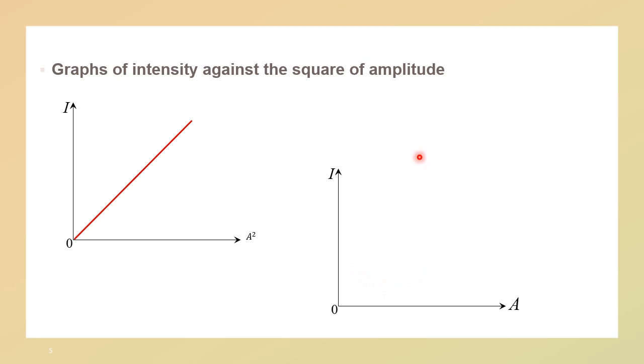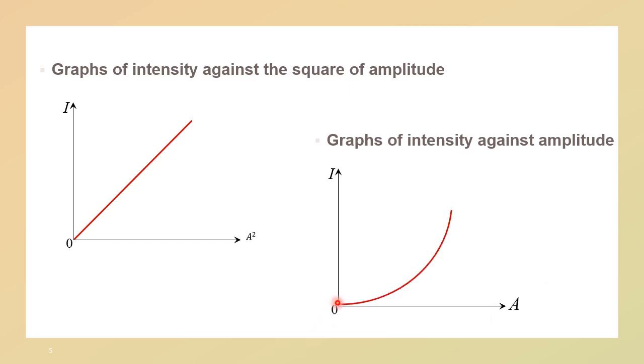Satu lagi graph adalah graph intensity against amplitude. So, graph dia adalah graph curve, bentuk curve.